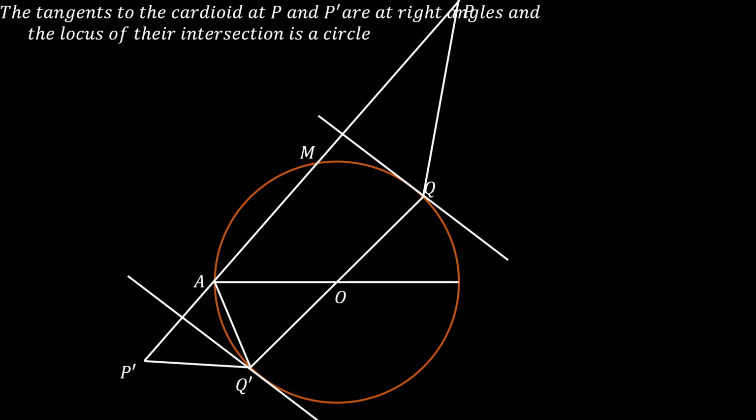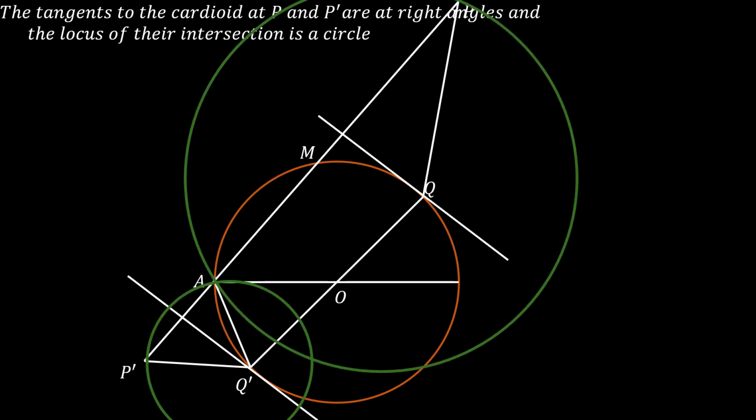The other thing also to show is that the tangents to the cardioid at P and P prime are at right angles, and the locus of the intersection is a circle. So what that means is that if we have the circles, one centered at Q and the other centered at Q prime, the tangents at P prime and at P meet at a right angle.